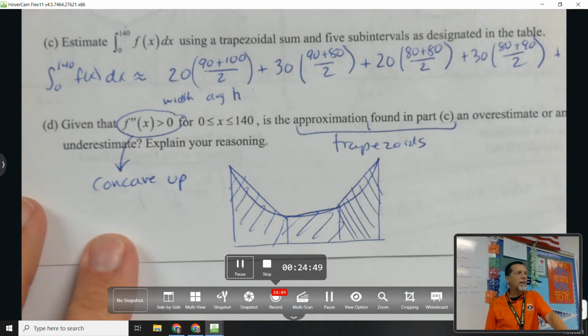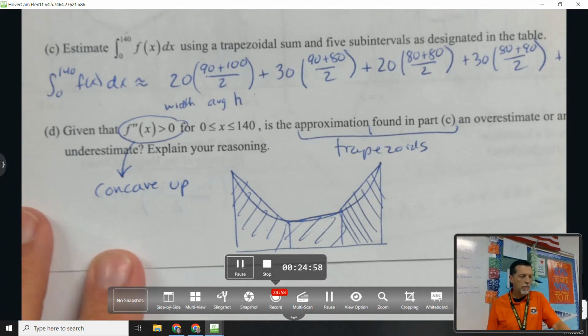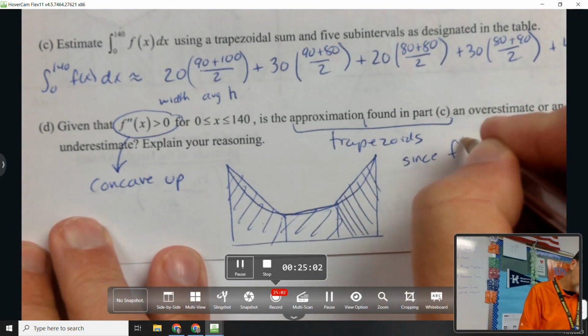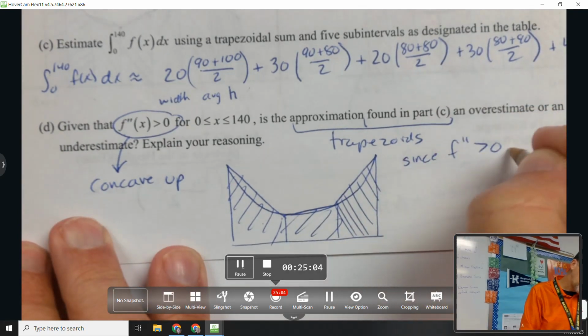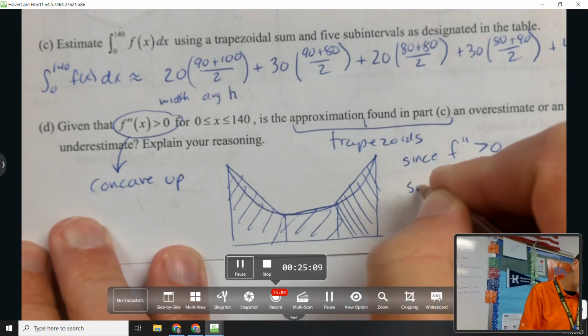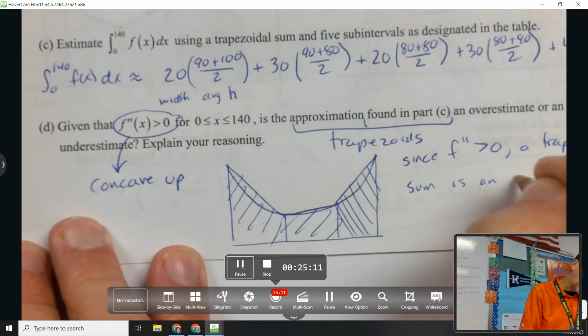So what do you think? Overestimate or underestimate? Over, because the trapezoids are overlapping or bigger than the curve. So since f double prime is positive, a trapezoid sum is an overestimate.